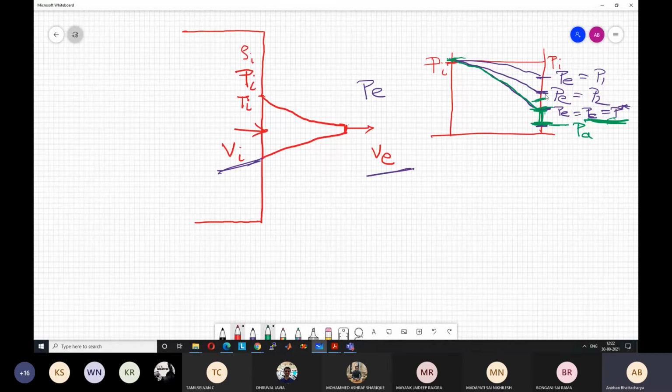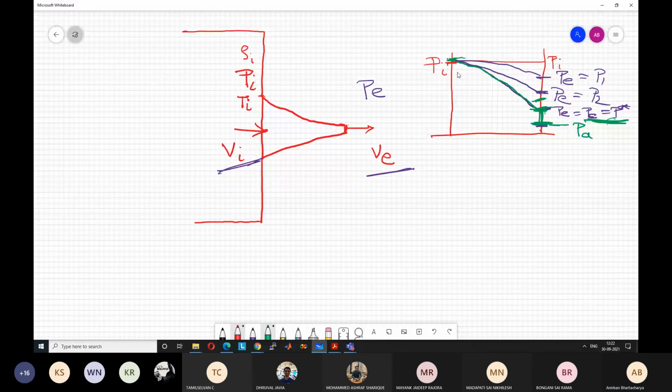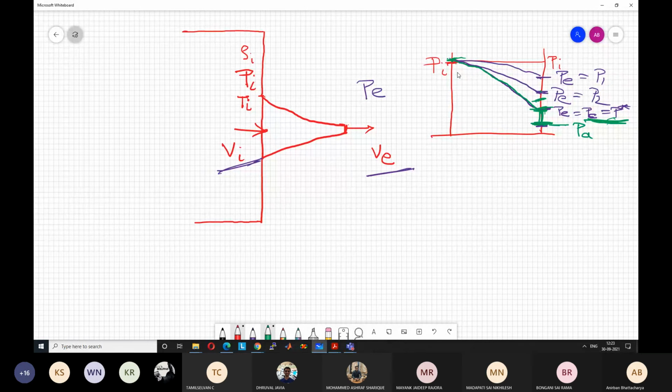The critical pressure ratio is denoted by exit pressure by inlet pressure, P by PI. If this pressure ratio is greater than the critical pressure ratio, the nozzle is unchoked. If it is less than the critical pressure ratio, the nozzle is choked.